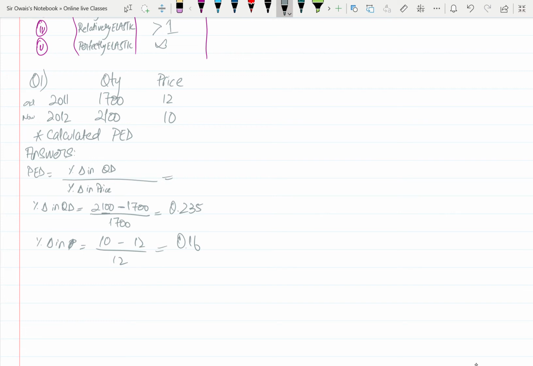So my percentage change in quantity demanded is 0.23, and my percentage change in price is 0.16.